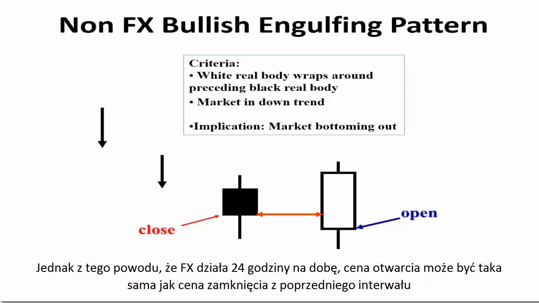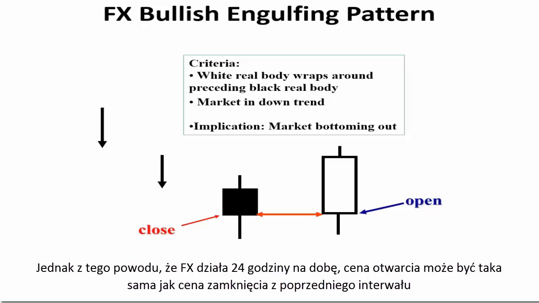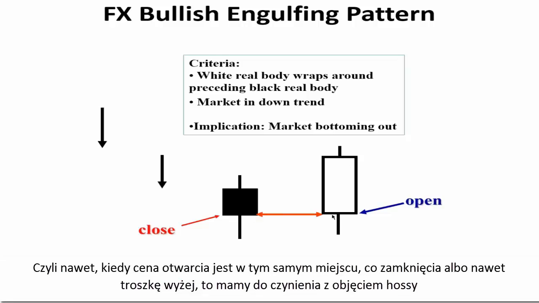But because Forex essentially is 24 hours, it's perfectly acceptable for the open to be the same as the prior close. So even if the open and close are the same, or if the open is a couple of pips above the prior close, that is a valid bullish engulfing pattern in Forex.